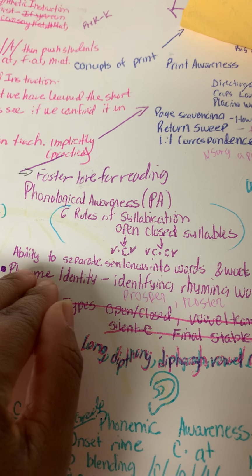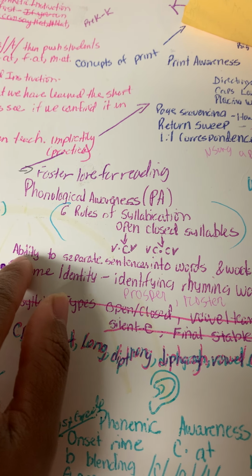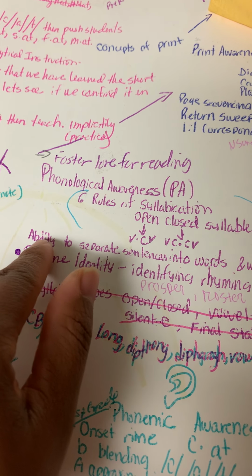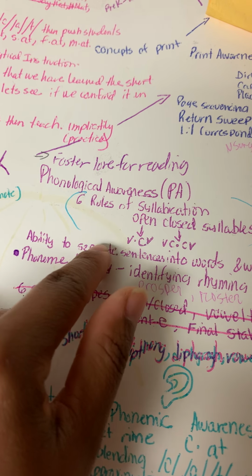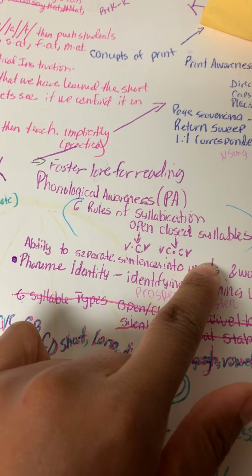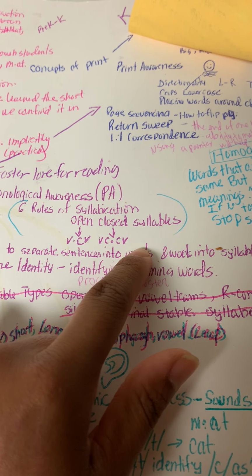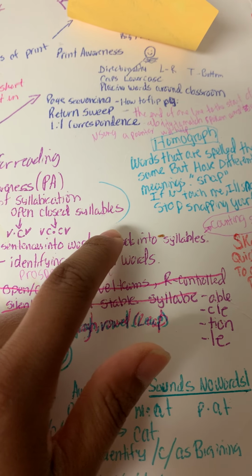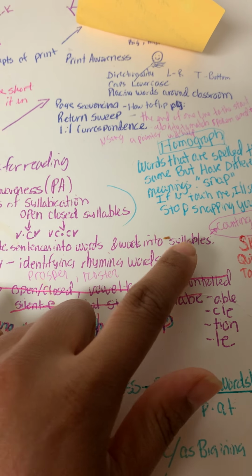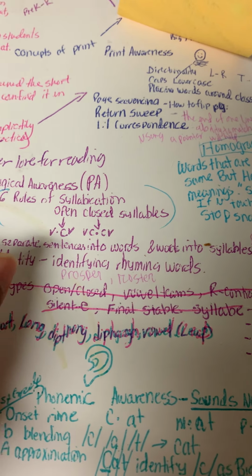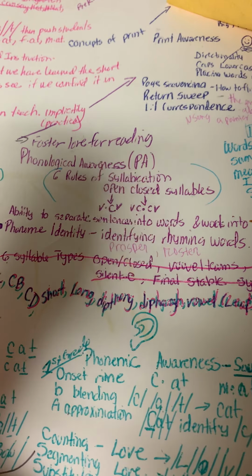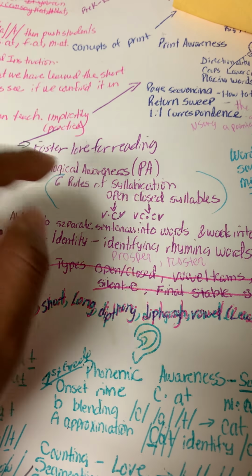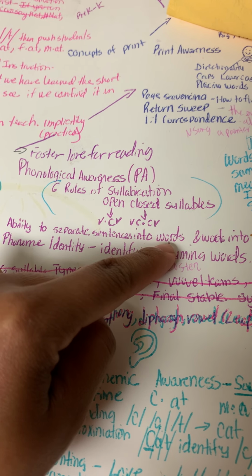If a kid can separate this sentence into words, a kid is going like this, 1, 2, 3, 4, 5, 6 words. Okay, there are 6 words here. Hold on, the sentence is not over. 7, 8, 9. There are 9 words in this sentence. That means that kid has just demonstrated to you phonological awareness skills. He was able to separate sentences into words.